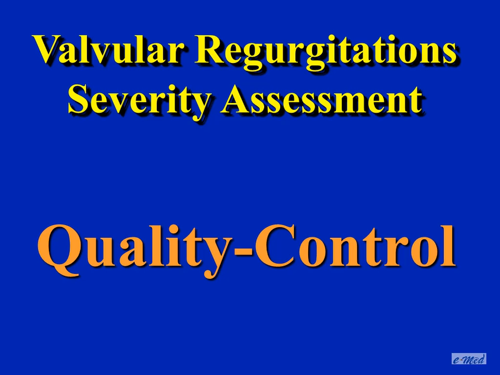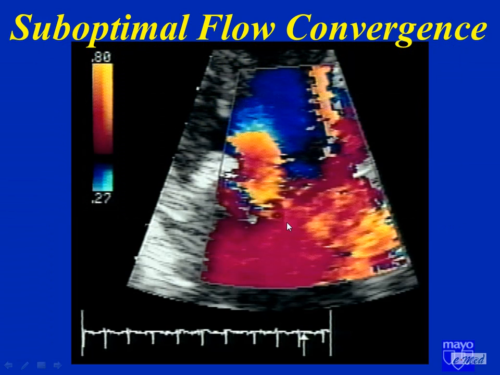You can clean the floors, you can do anything, but quality control in medicine is everything. So, for example, in our case, if you have a flow convergence that is compressed by the calcification of the annulus and does not apply the formula, the hemispheric shape, don't measure it. You have to be able to judge what you're doing.